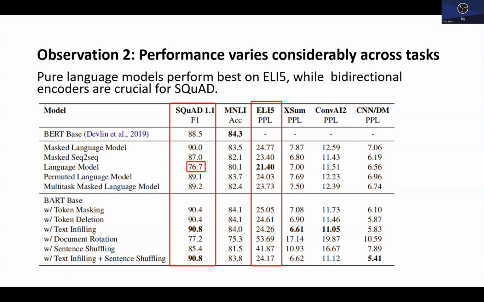While bidirectional encoders are crucial for SQuAD, which is a comprehension task, those bidirectional encoders, such as masked language model or BART with token or text encoding, perform better than the unidirectional language model.